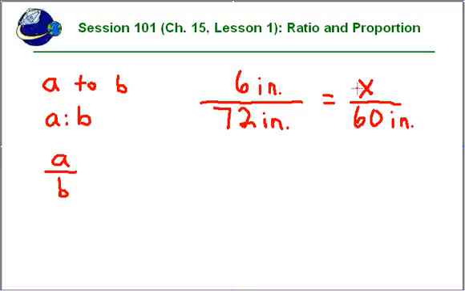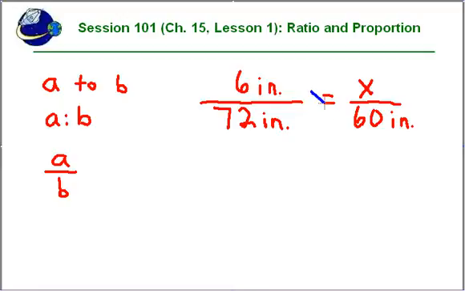We're trying to find out how many inches tall the person would be in the picture if they are 60 inches in real life. Well, a helpful property about a proportion is that this top number of this first fraction multiplied by the bottom number of this second fraction is going to be equal to the bottom number of our first fraction times the top number of our second fraction.